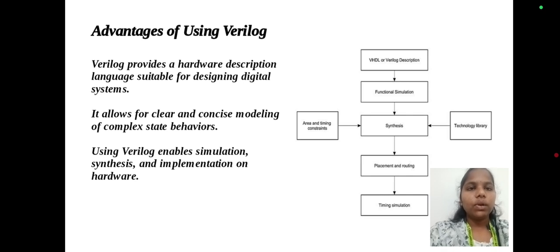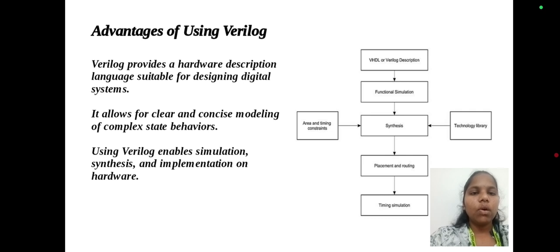Advantages of using Verilog. Verilog is a hardware description language suitable for designing digital systems. It allows for clear and concise modeling of complex state behaviors.